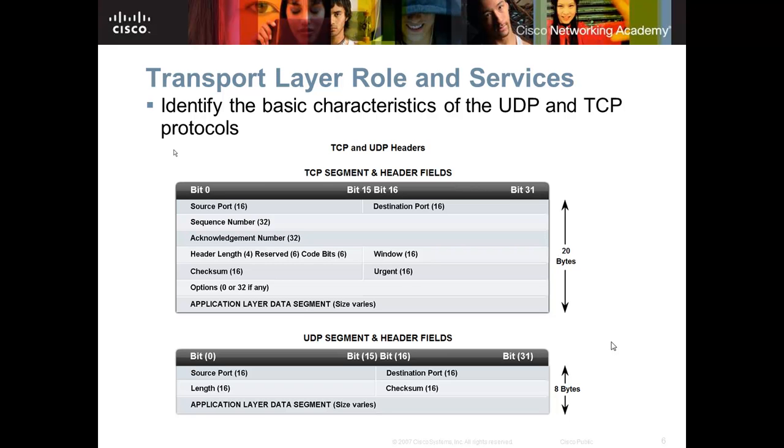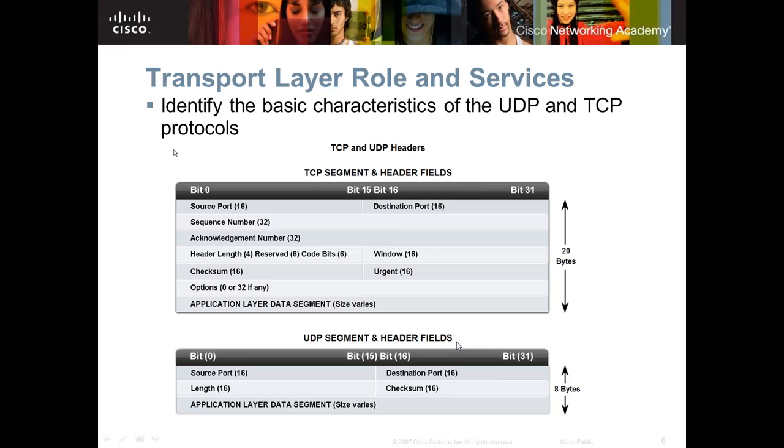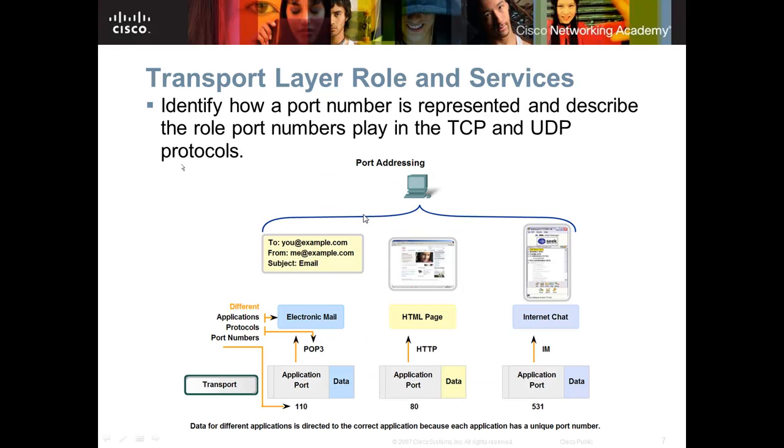And since we only have 10 minutes here, I'm going to skip right through this. This slide shows you it's a breakdown of the previous slide. So here we saw source port and destination port. Now you can see where that goes in. So POP 110, HTTP 80, IM 531.